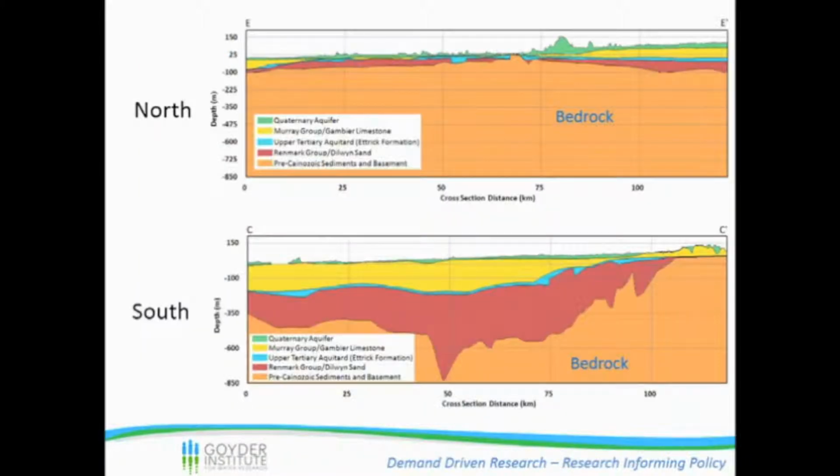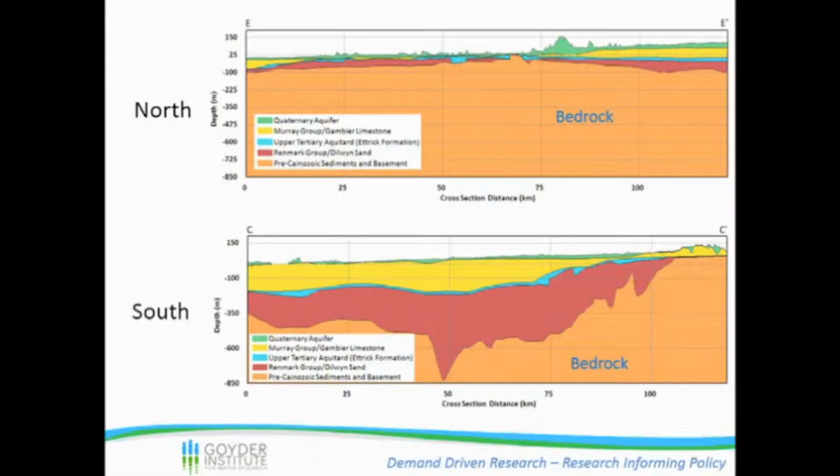Now, if we look at geological cross-sections of the lower southeast, here we have two examples. They are at the same scale. In the north, orange is bedrock, and the other colors represent different aquifers and aquitards. So you can see right away there's quite a bit of difference between the northern and southern part of the study area.